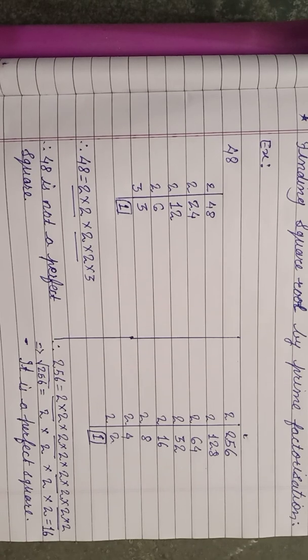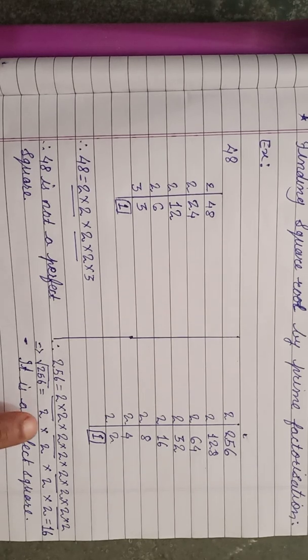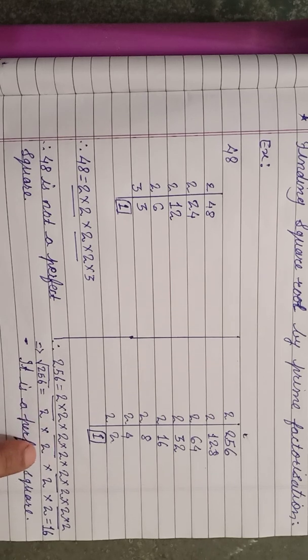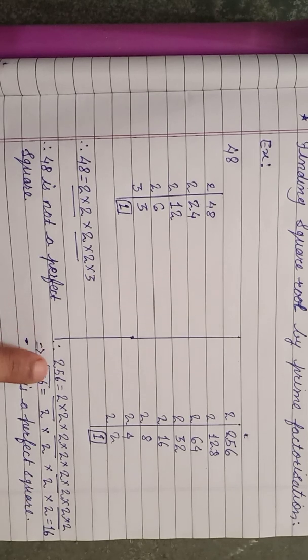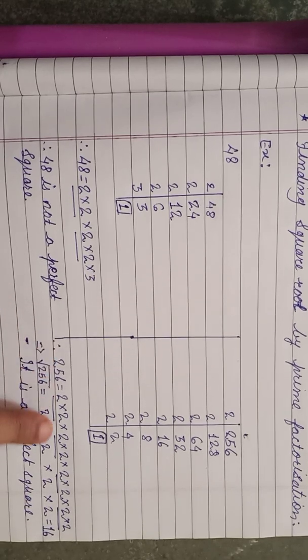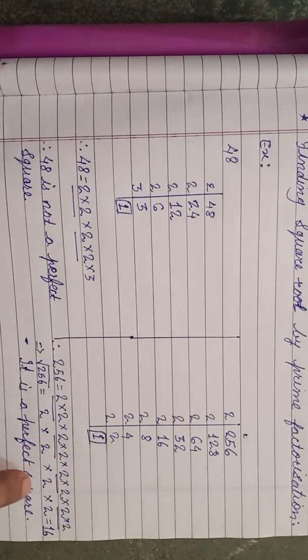Now you can see for each pair I have taken one 2 down. For this pair, this 2 I have taken, for this pair, this one. Similarly, I have taken this 2 also. Remember, children, 256 is the number I have written, and I have written all its factors as we found them.